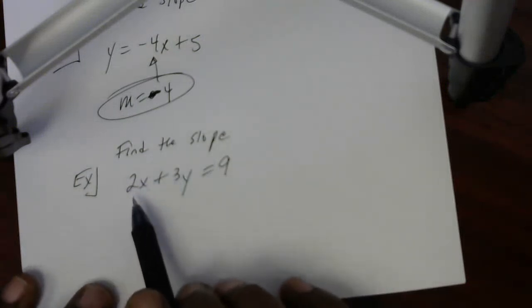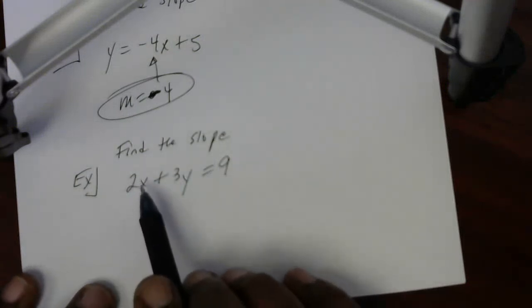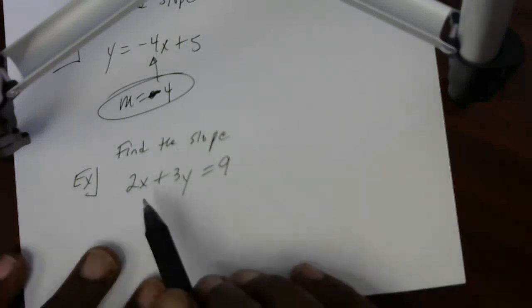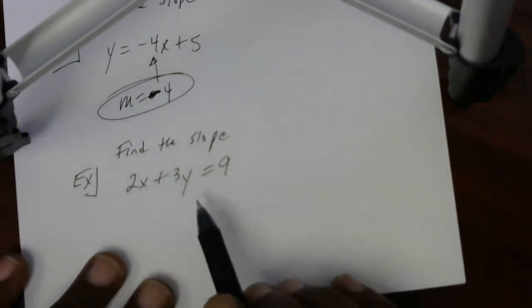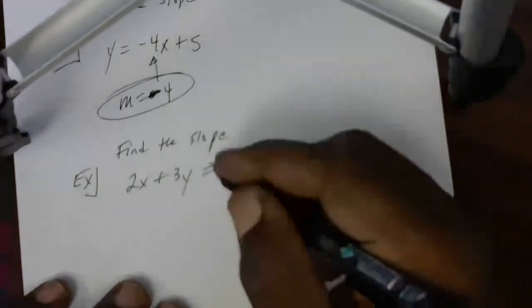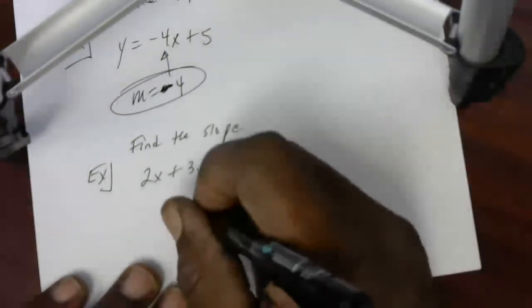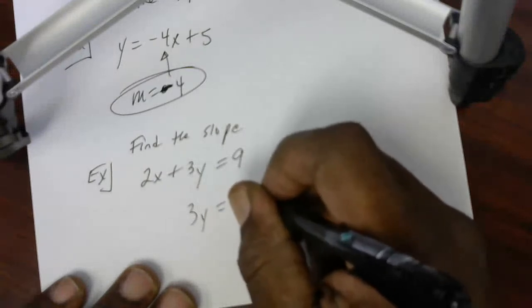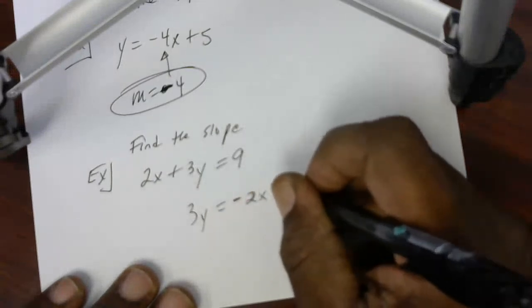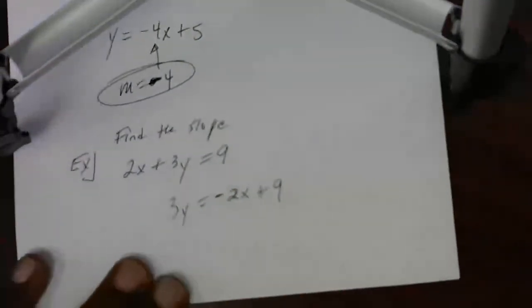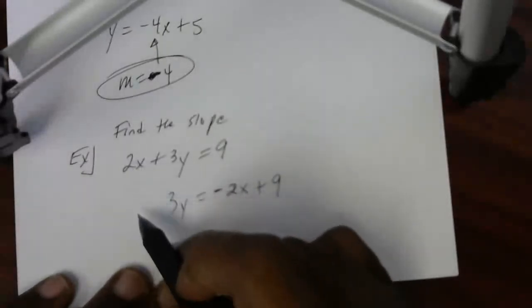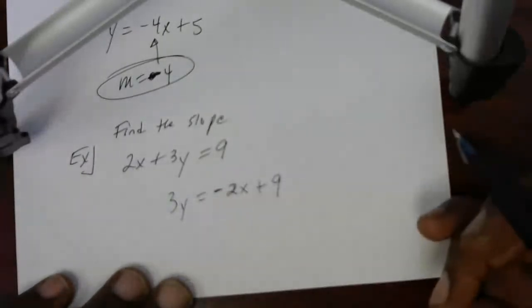I'm going to take the 2x and move it to the other side. I'm going to transpose it or subtract 2x from both sides. So now I'm going to have 3y is equal to negative 2x plus 9. Right, I simply subtracted or transposed 2x.